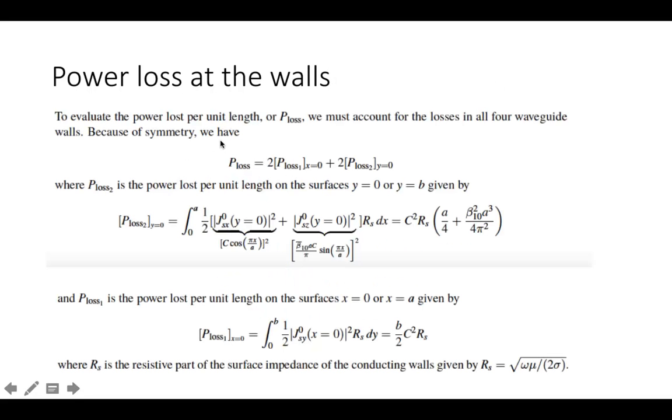Now the power loss at the walls, we're actually finding I squared R losses. And so in this case, because we have a field and it's non-uniformly distributed, rather than finding I squared, we're finding the integral of J squared.